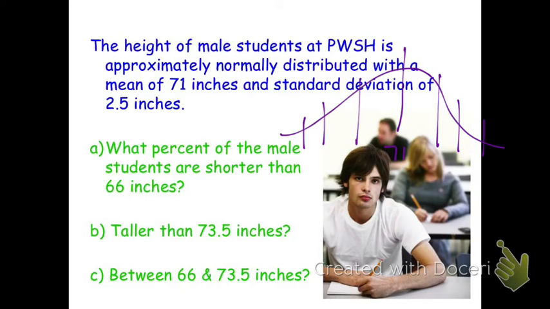So increase by 2.5 would be 73.5, 76, and 78.5. If I go down, 68.5, 66, 63.5. So all I'm doing is adding and subtracting 3 standard deviations.